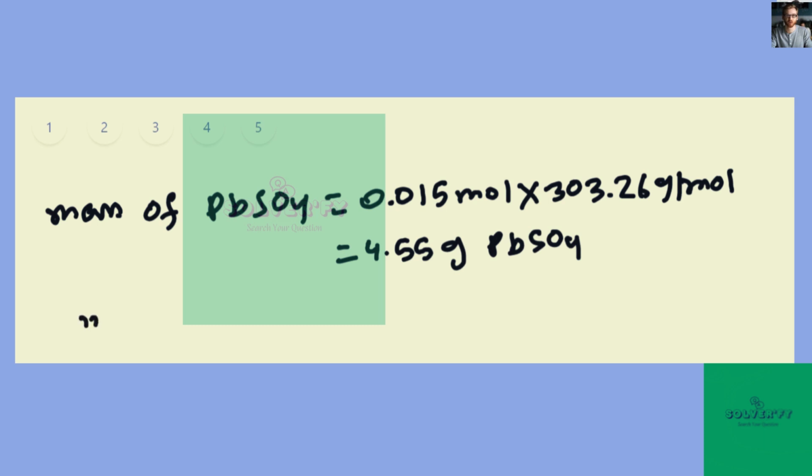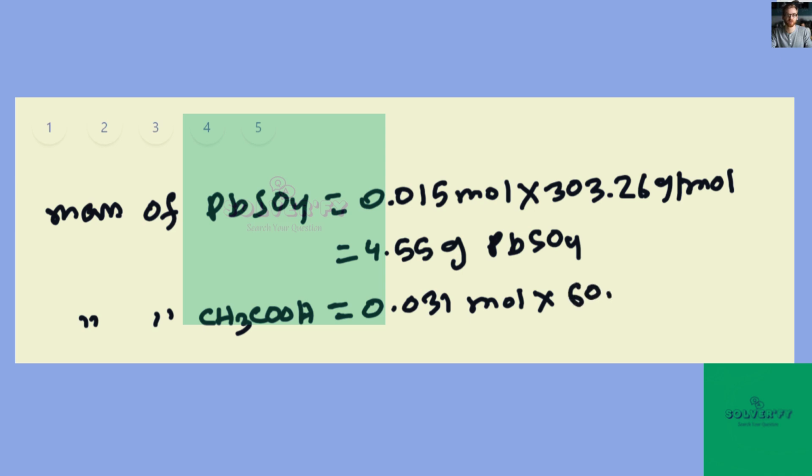And finally, the mass of acetic acid will be the number of moles of acetic acid produced, which is 0.031 mole, times the molar mass of acetic acid, which is 60.052 gram per mole, and this will give us a value of 1.86 gram acetic acid.